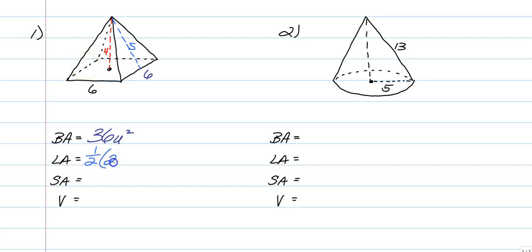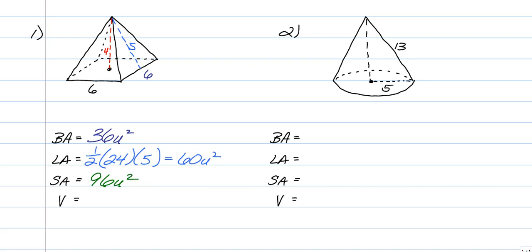So the perimeter would be 24 times the slanted height, because we're just going to paint the outside, that would be 5. Okay? So, half of 24 times 5 is going to give us 60 units squared. Now, again, the surface area is easy because you're just adding the base area and the lateral area because, again, there's only one base. So the surface area is 96 units squared.